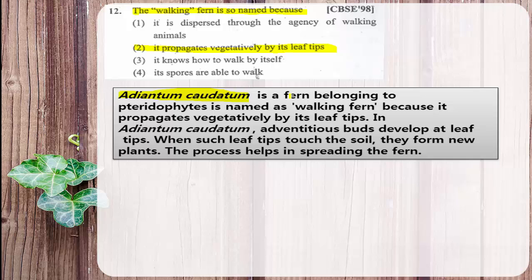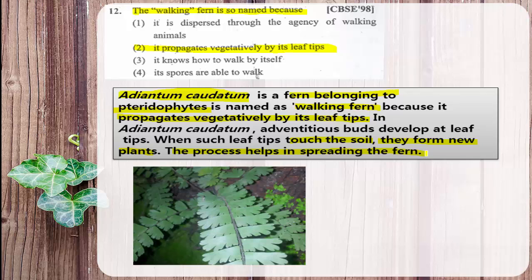Adiantum caudatum is a fern belonging to the pteridophytes, and it is named walking fern because it propagates vegetatively by its leaf buds, and when leaf buds touch the soil they form a new plant. This process helps the plant spread over a maximum area, and this is the image of Adiantum caudatum.